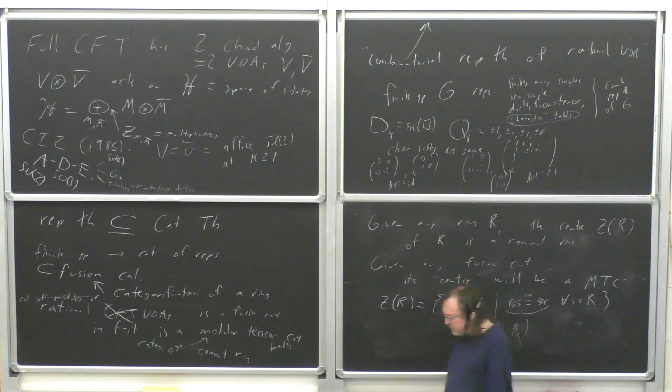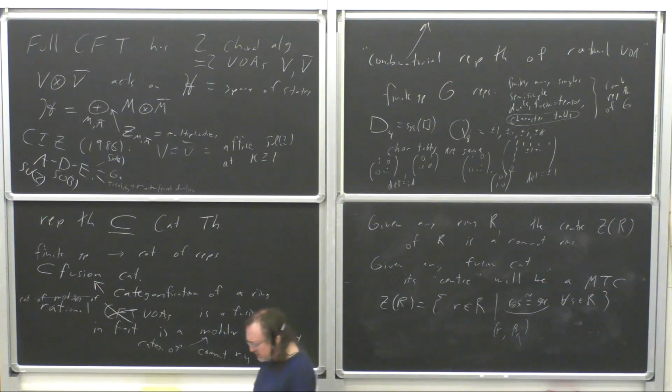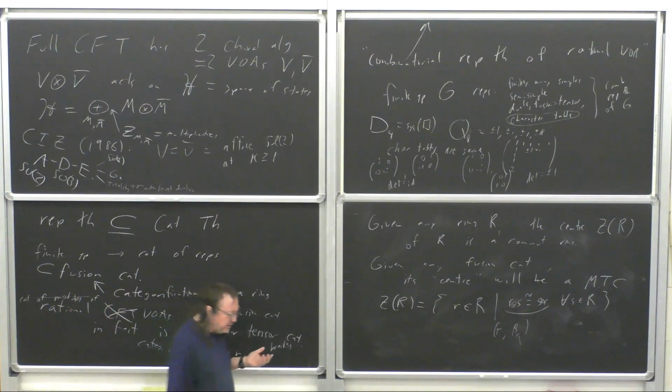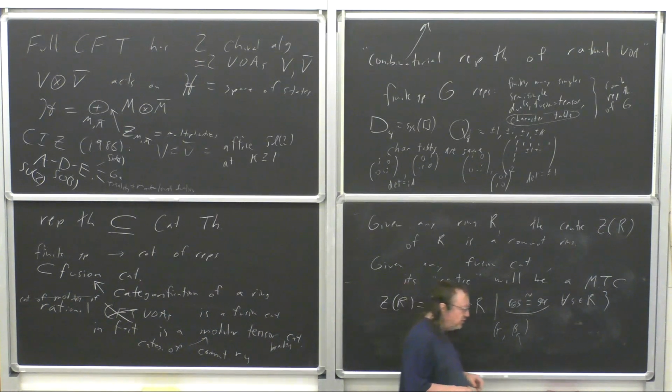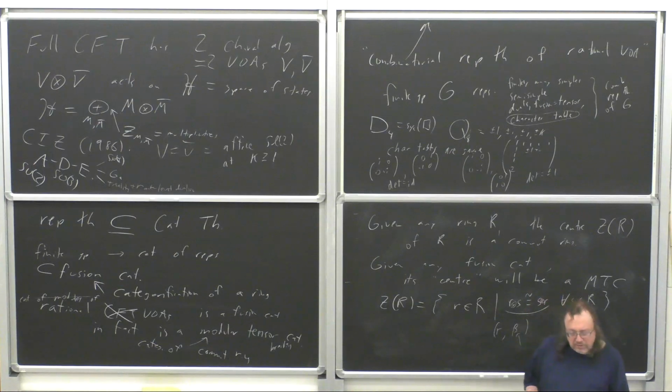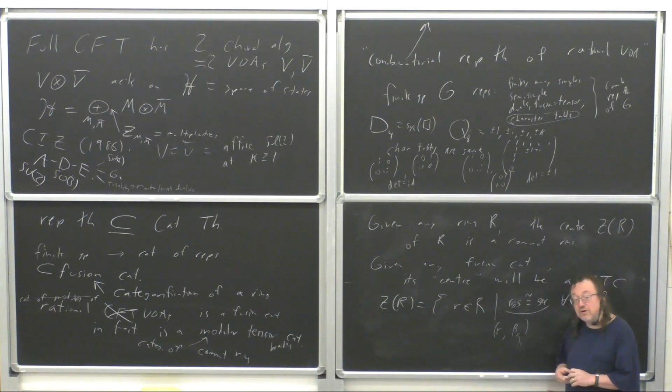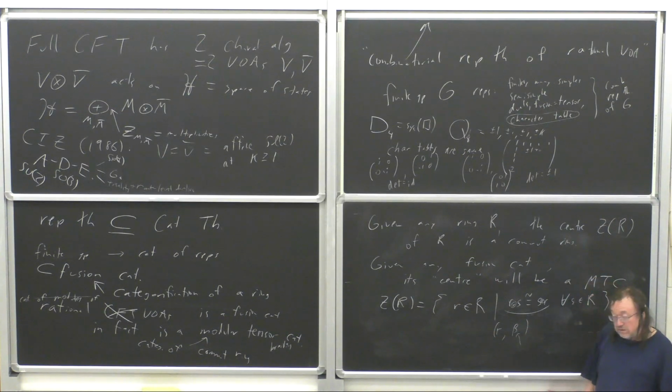So we heard in Masaki's talk a couple days ago that he talked about non-invertible symmetries. So the proper context for non-invertible symmetries should be fusion categories. And so what will take the place of finite groups this century will be fusion categories.